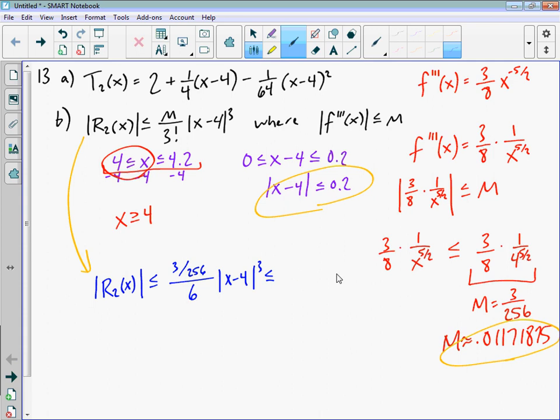So the 0.2 can go on this side. An absolute value is positive, so we don't need an absolute value there anymore. And then this is just something I can type in my calculator.